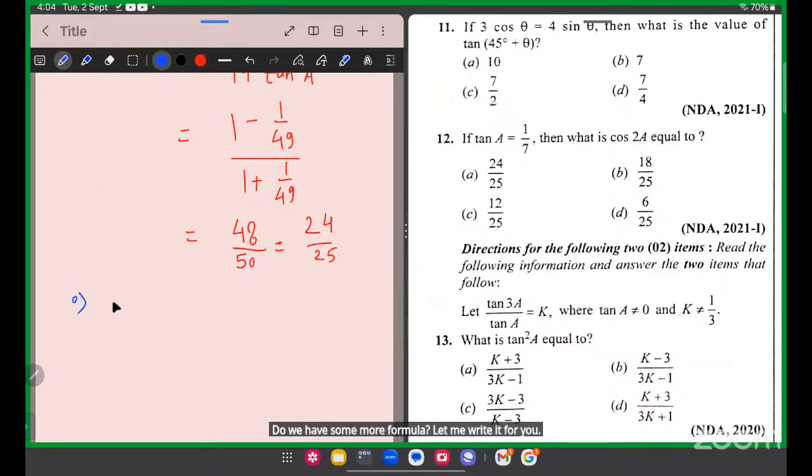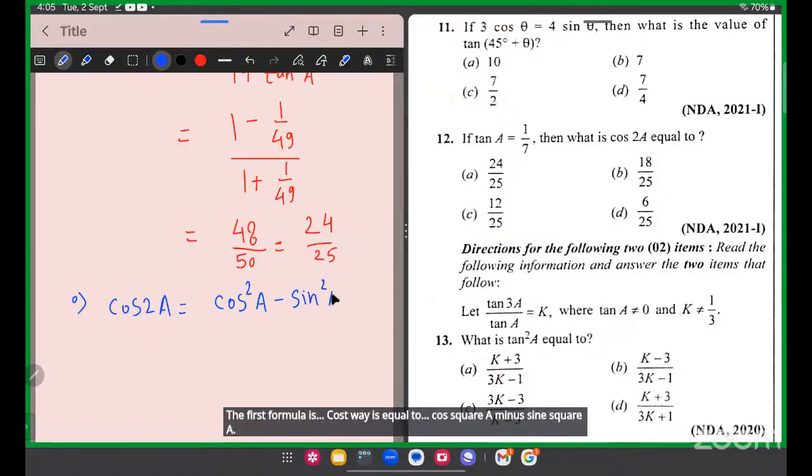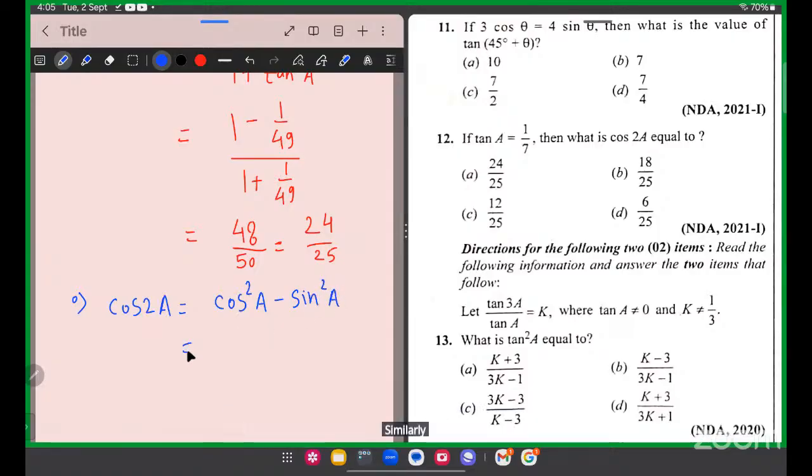The first formula is cos 2A is equal to cos square A minus sin square A. Similarly, the other formula is 2 cos square A minus 1.